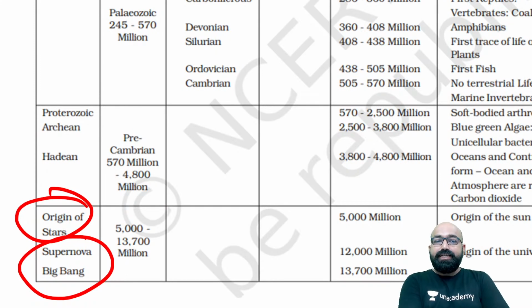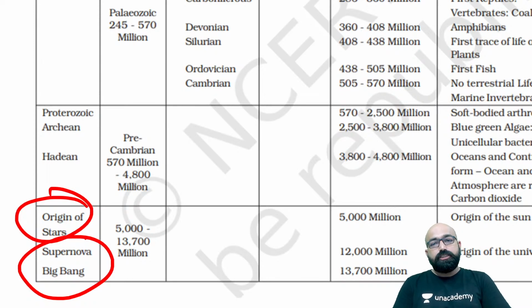So the era is Precambrian. I hope everyone is aware of the Precambrian era from 570 million to 4,800 million years. Now, the period and epoch are not mentioned.